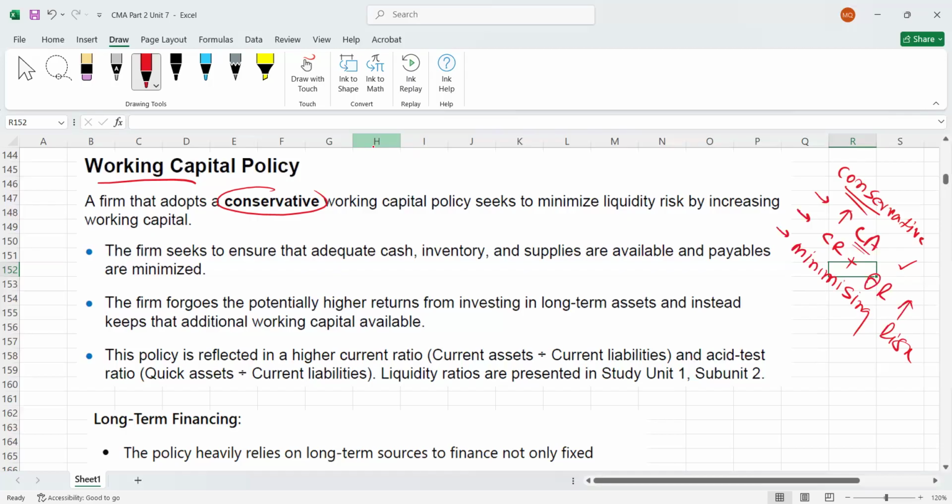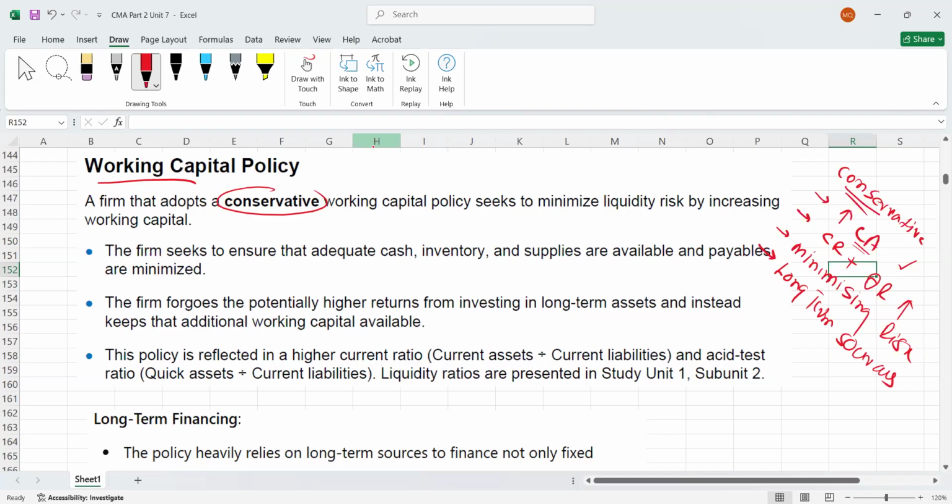Now the next point you should remember: the conservative people, if they need funds to finance their working capital, what will they do? They will use long-term sources of finance to finance these current assets.